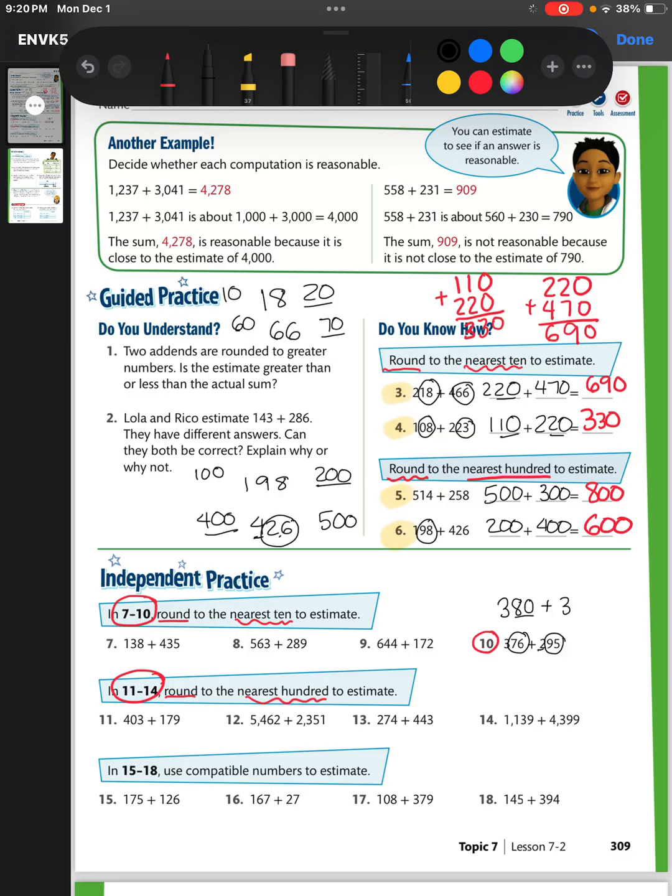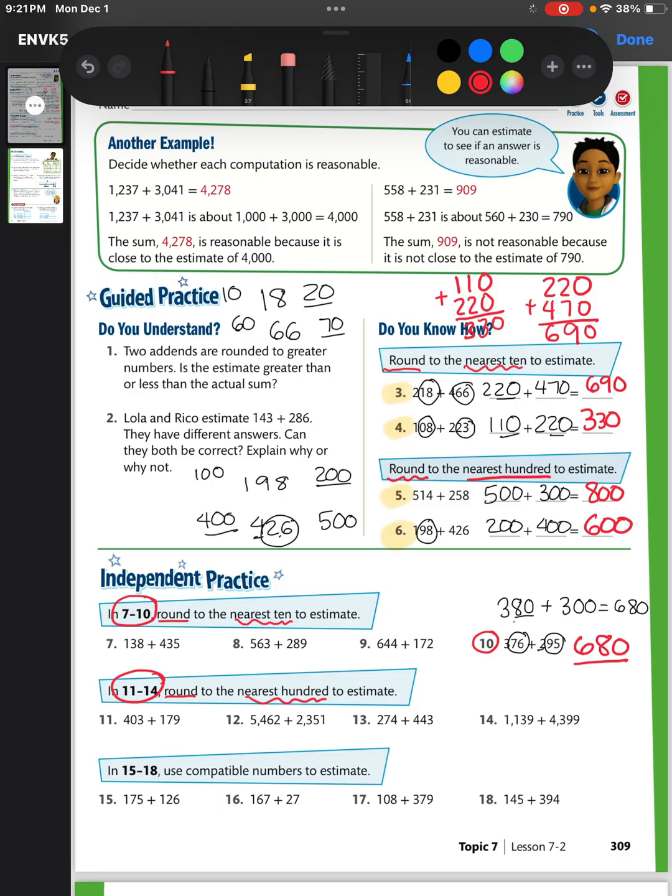It would be 300. So I can do the math for 380 plus 300, which would give me 680. So that is the sum of this. Okay. That one's rounding to the nearest 10.